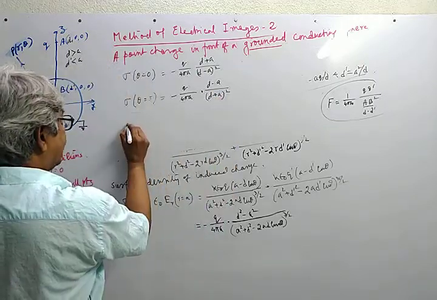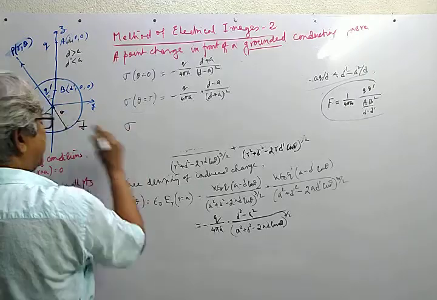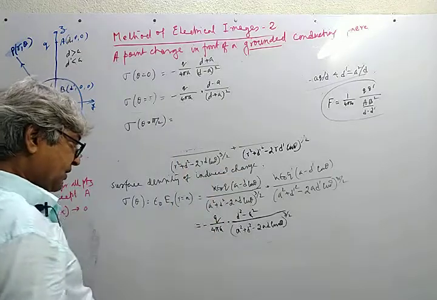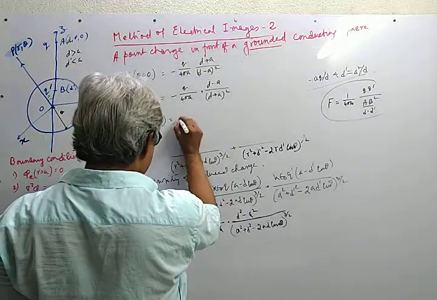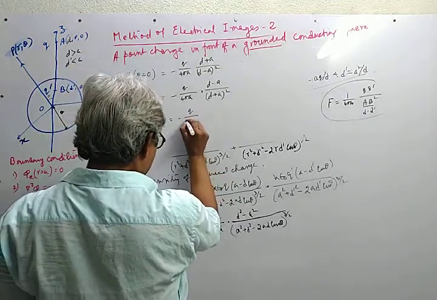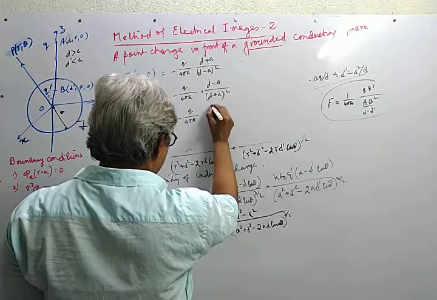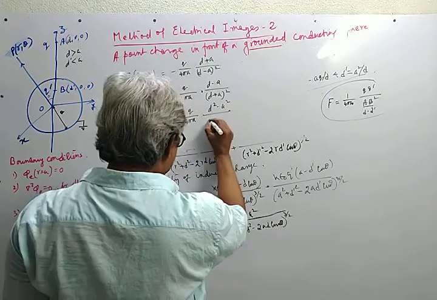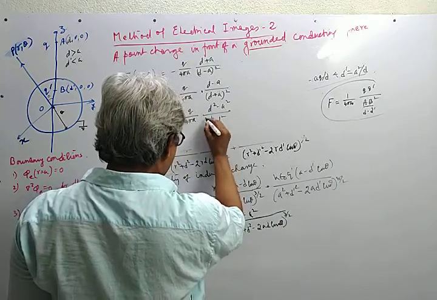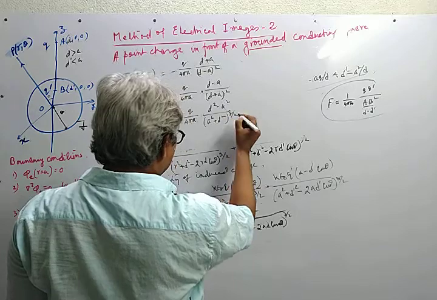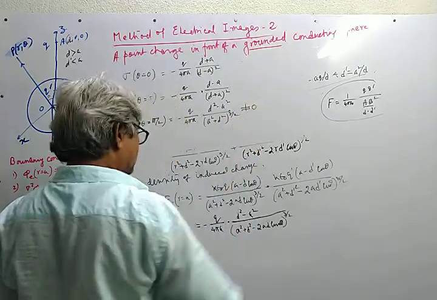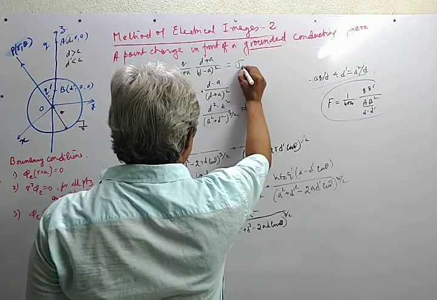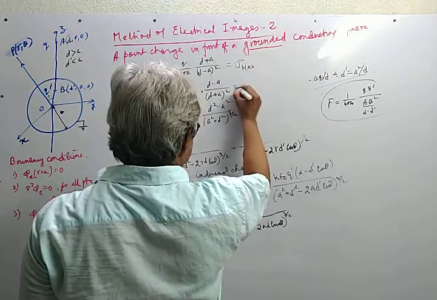And at the equator, that is at this plane, theta is equal to pi by 2. It is a square plus d square to the power 3 by 2. This is not equal to 0. You know that this is the maximum and this is minimum.